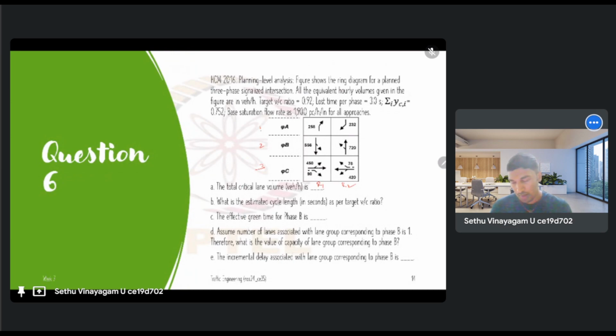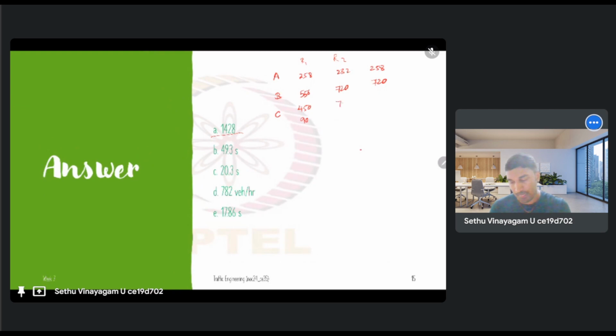So we have two different lane groups in ring 1, and similarly in ring 2 we also have two different lane groups with 78 and 420. Here we have to take the maximum of all these four: 450, 78, 90, and 420. So that is 450. This is the max critical volume.